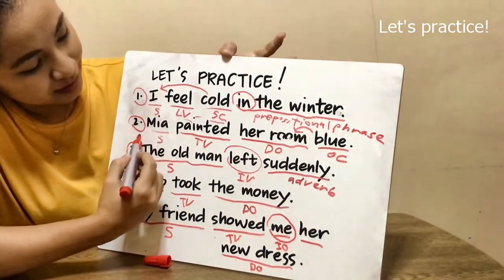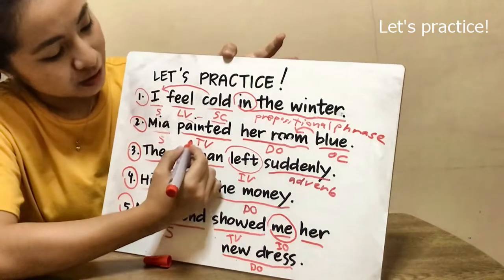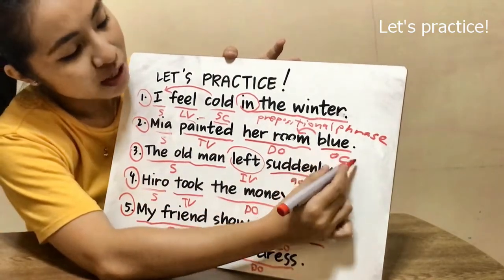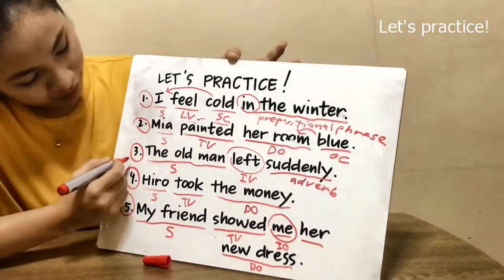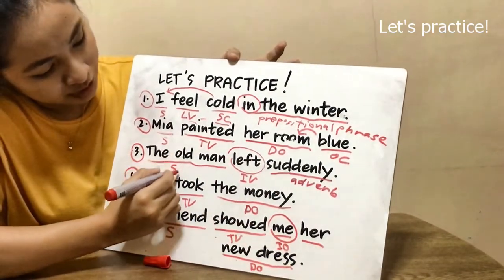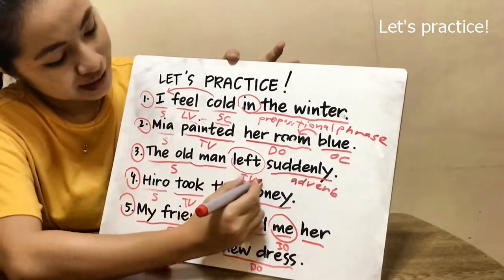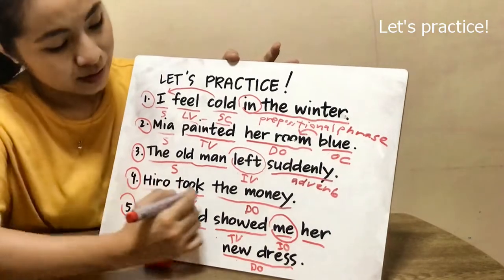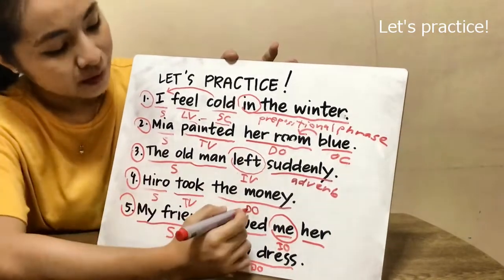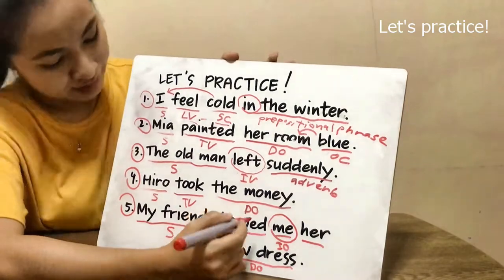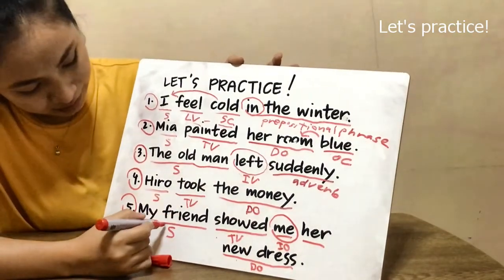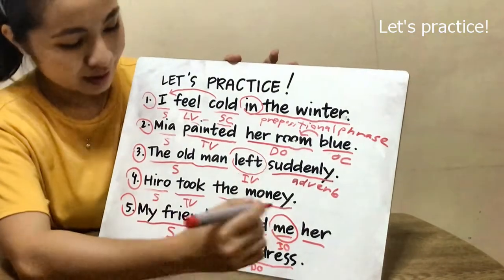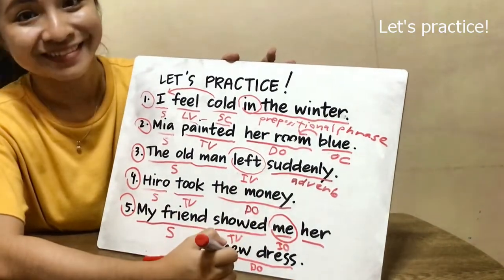Next, the second sentence, subject, transitive verb, direct object, and your object complement. The third, subject and intransitive verb. The fourth, subject, transitive verb, and direct object. And the last one, subject, transitive verb, indirect object, and direct object.